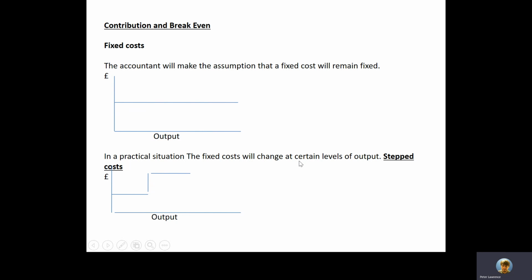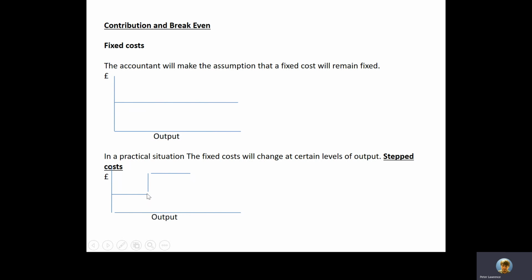And we call these stepped costs. Been in the exam a few times, so it is worth remembering that one. So let's use rent again as an example. It remains the same for a certain level of output. And then when we get to a certain point, our output exceeds that and we have to increase our fixed costs. That'll be things like a warehouse.